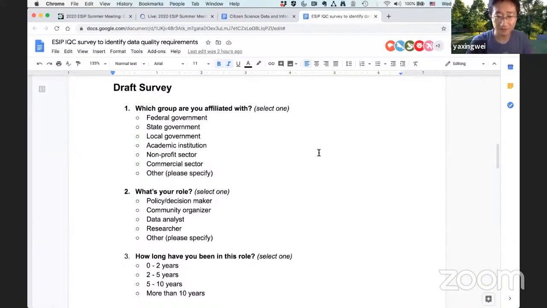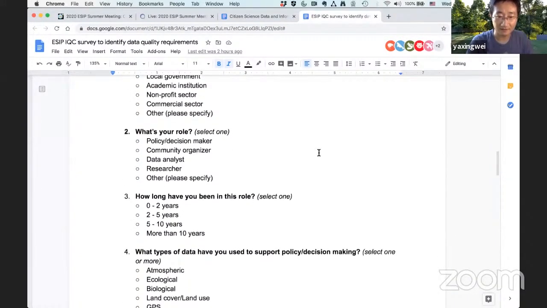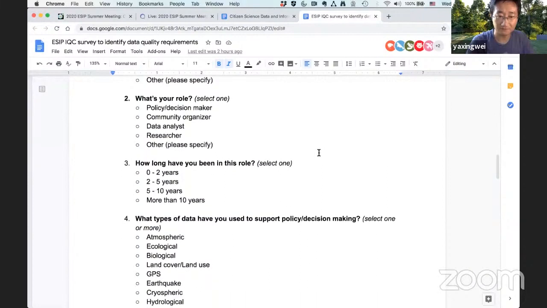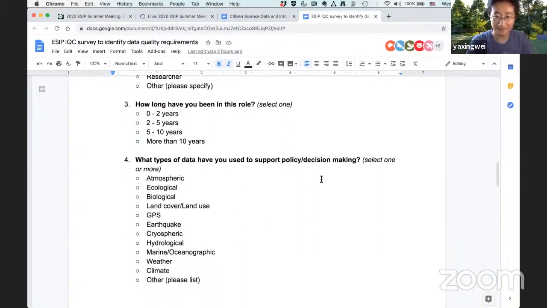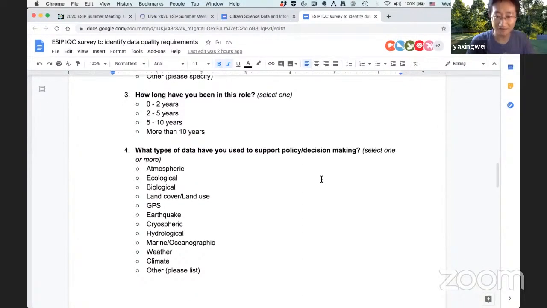And we want opinions from different types of users on their opinion of using citizen science data for decision-making purposes. And then a question about how long have you been in this role? And also what types of data have you used to support policy and decision-making?